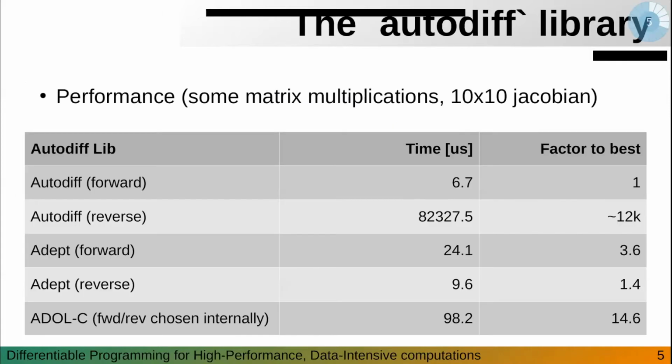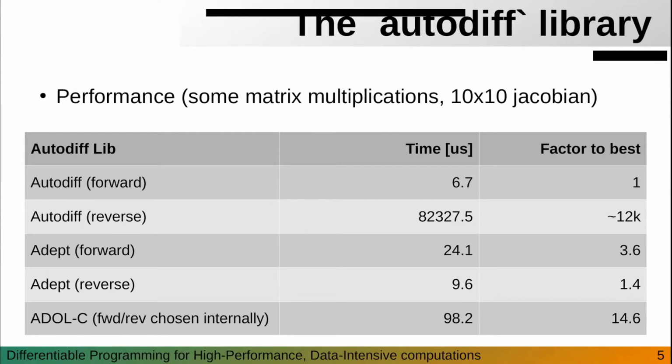I did some small performance benchmarks with Autodiff to justify if it's an okay choice. The first thing we see is that the reverse mode is really, really bad compared to almost everything else I've seen. The reason, I think, is that for almost every operation they do a dynamic memory allocation, and that's really not a good design.